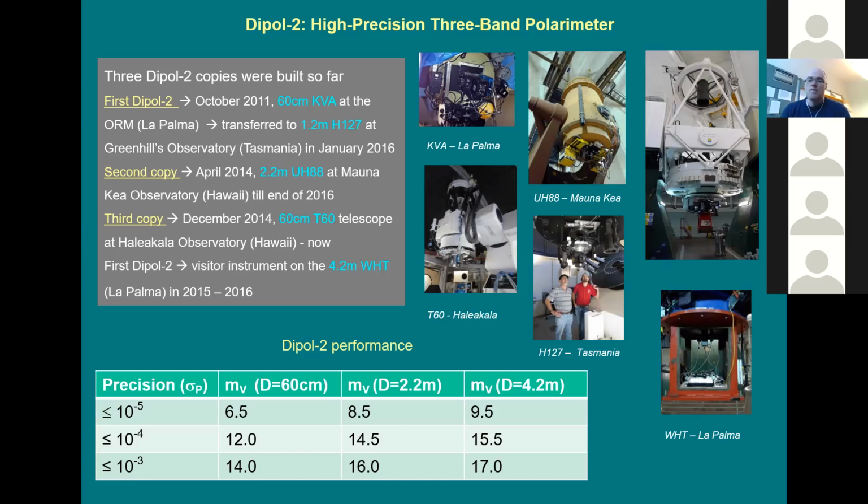An accuracy of 10 to the minus 5 and better with a 60 centimeter telescope can be achieved with a star brighter than 6.5. With a 2.2 meter telescope, the same accuracy can be achieved with stars as faint as 8.5, and with a 4 meter type telescope, we can measure polarization with such precision for a star of 9.5.